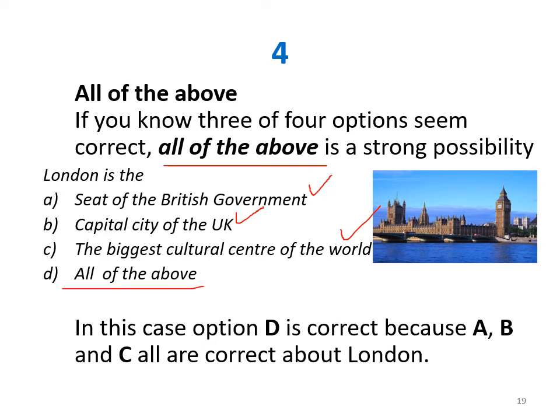Why? Because all of them are correct. Now, if you choose only one of these first 3, for example, capital city of the UK, it is correct, absolutely fine. But these 2 are correct as well. So that is why, once again, my point comes back to haunt us. And the point was, read all 4 options, even if the first one is 100% correct.